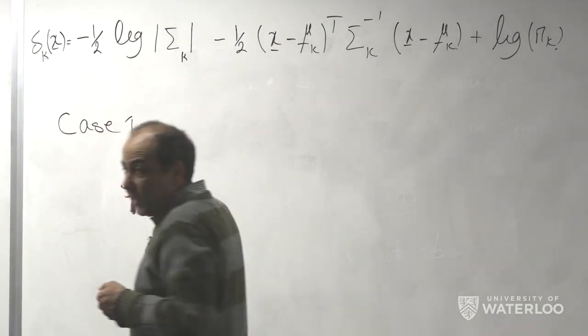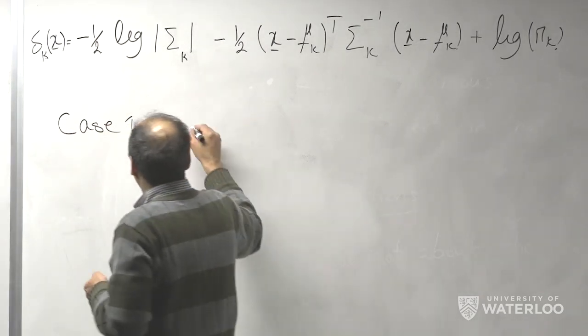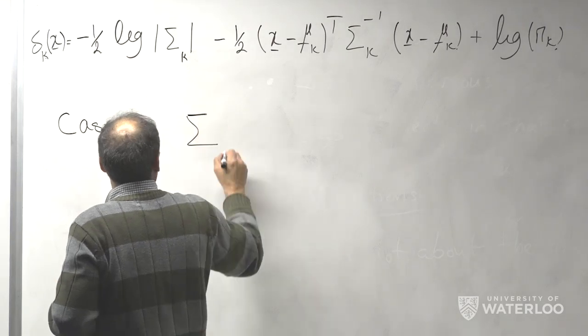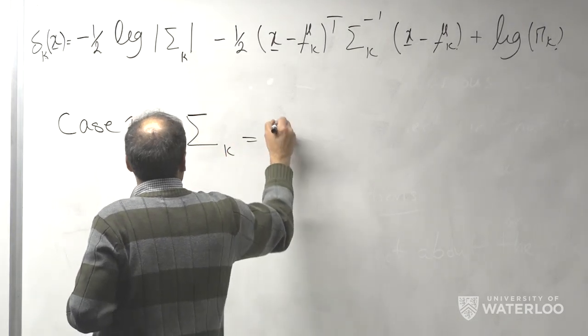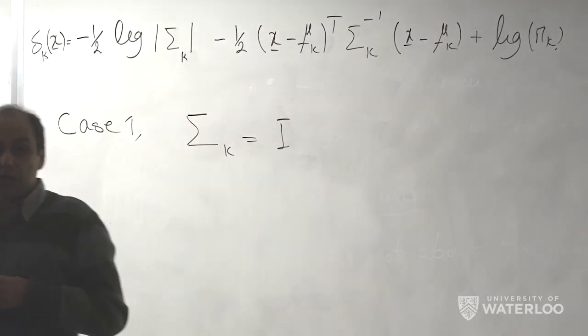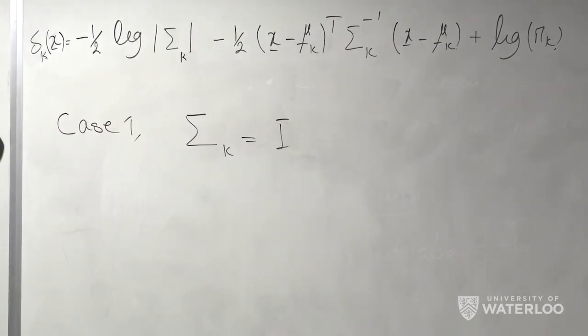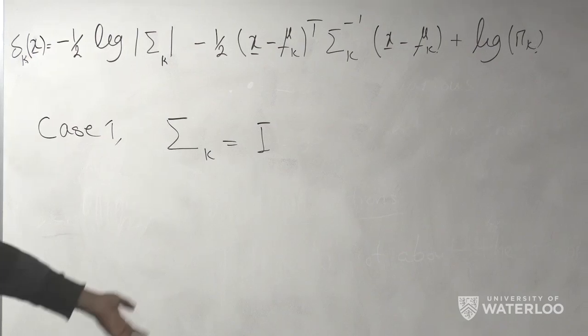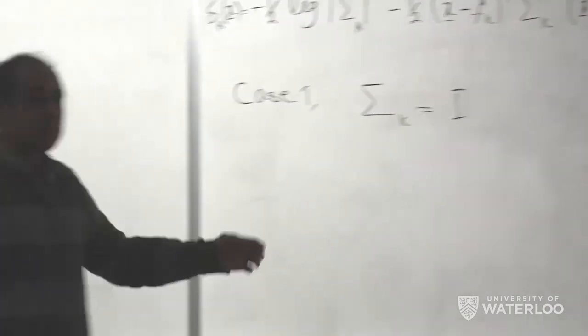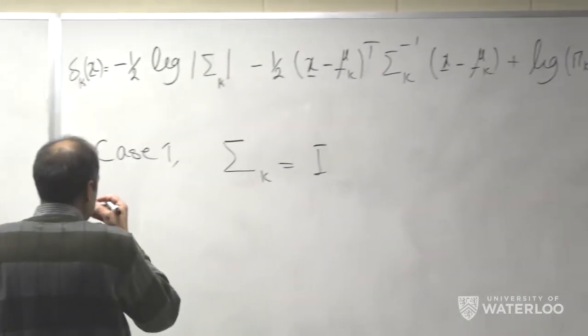The special case was where sigma is identity. When sigma is identity, it means the class conditional distribution is a spherical Gaussian, completely symmetric and spherical around the mean.